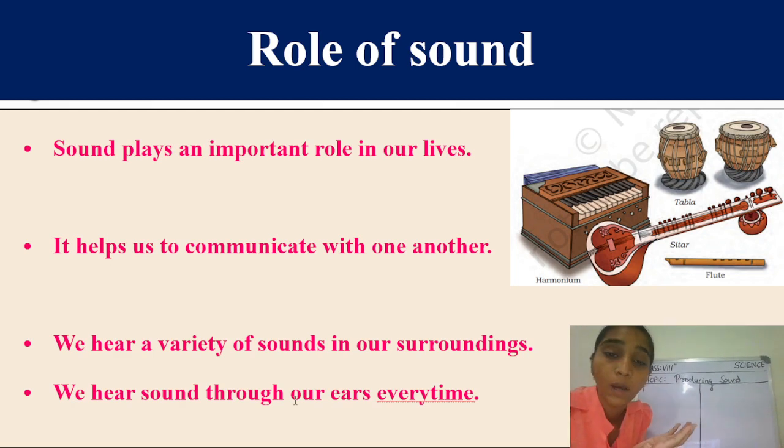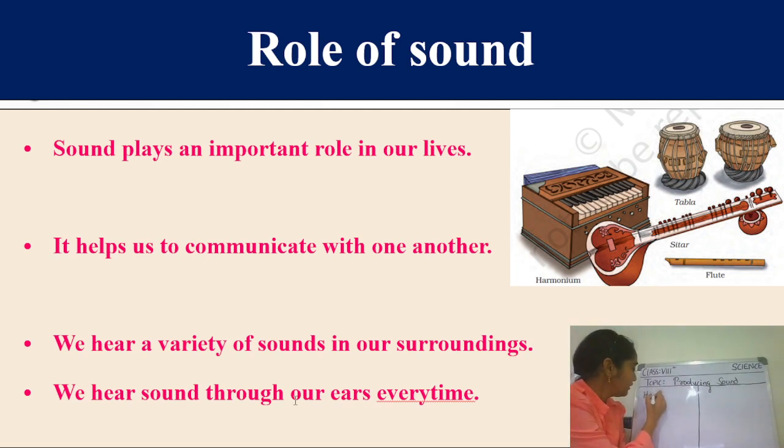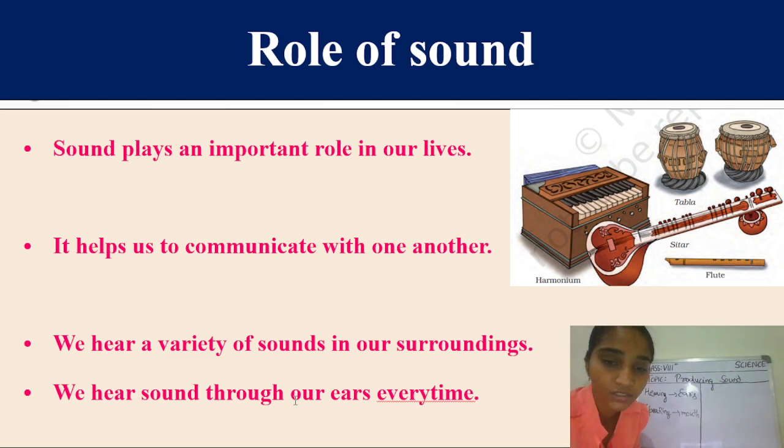We are speaking through our mouth, right? Hearing is done through ears, and we are speaking or producing sound through the mouth, right? In this way, we can say sound is being produced and heard by humans, the other humans. Very good students.